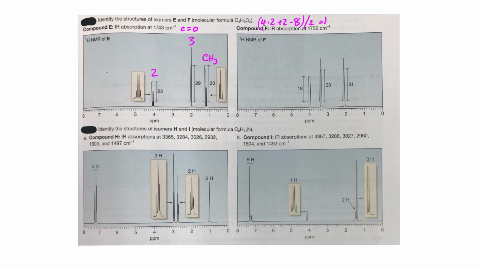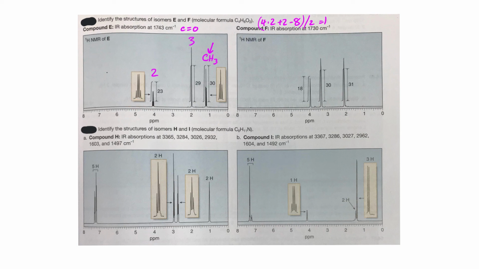That tells me that I have a methyl group right here, and we can see that it is a triplet, so that means it's adjacent to a CH2 group. We do have a CH2 signal at 4, which is a quartet, which tells me that the hydrogens in the CH2 that form this signal are adjacent to a methyl group.